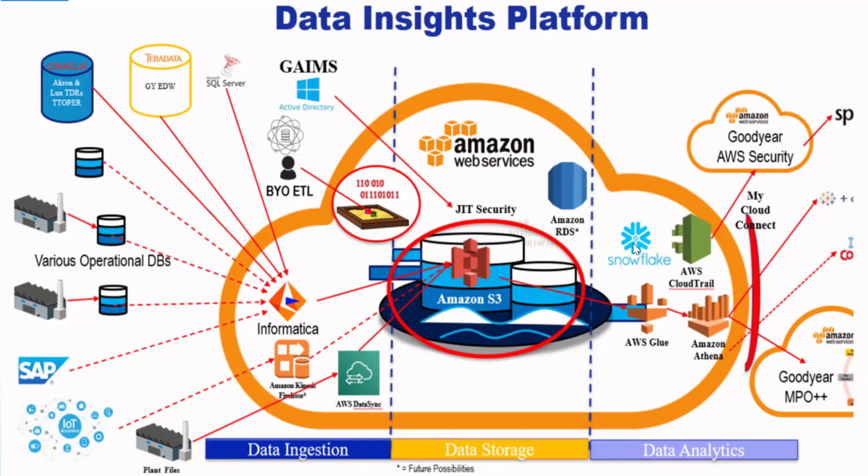What is meant by that? Snowflake will not allow you to directly load the data into that environment. Snowflake requires an intermediate cloud storage. Here the S3 bucket is one such cloud storage, or it can be Azure blob storage, or Google Cloud Storage. So any data which you want to load into Snowflake, you cannot directly load.